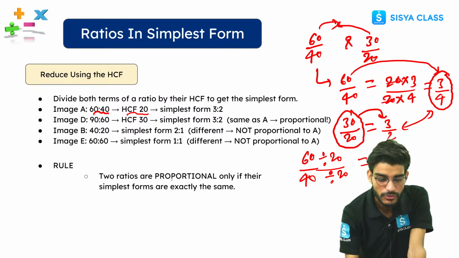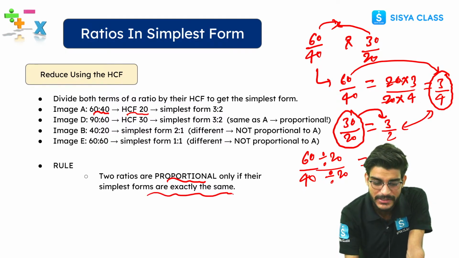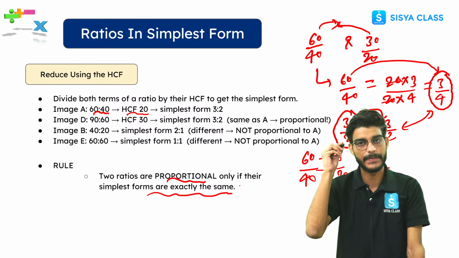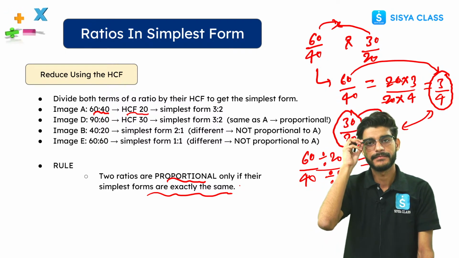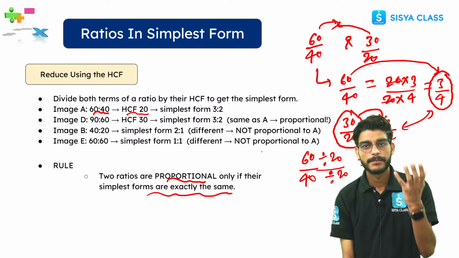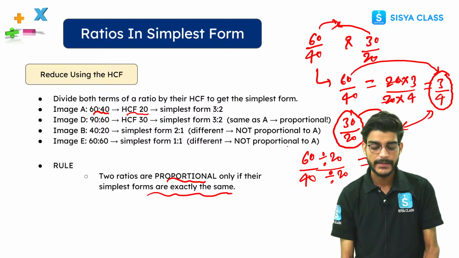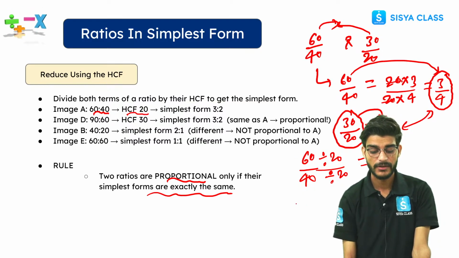Two ratios are proportional only if their simplest forms are exactly the same. It means when we say two ratios are proportional, it is only if their simplest forms are the same. What is the meaning of this?